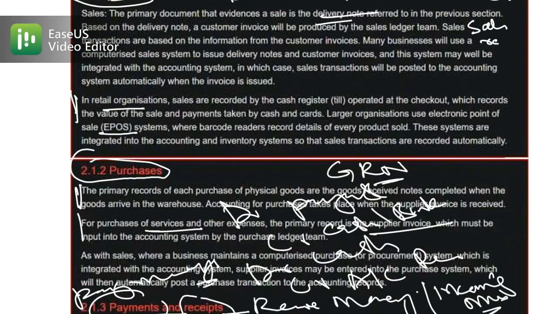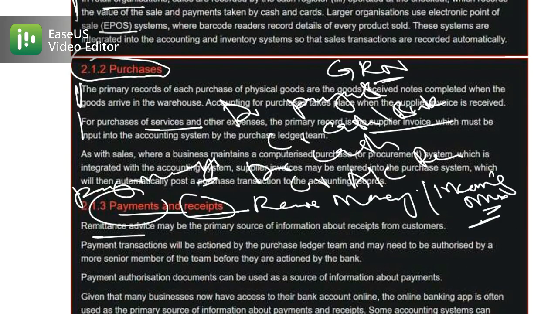Then we discussed purchases, which are the mirror image. Goods received notes and supplier invoices show what the business bought, when, and from whom. These records feed into expense tracking, inventory, debts, and supplier balances. So they are essential for understanding cost and cash flow.